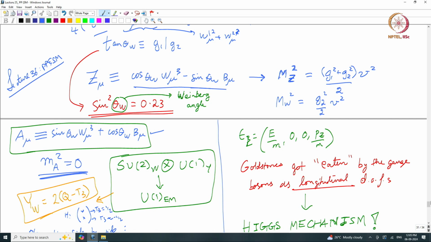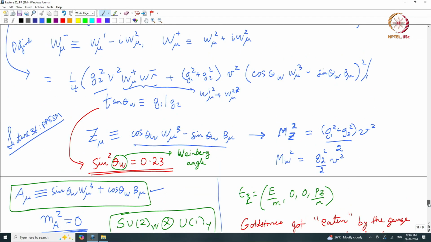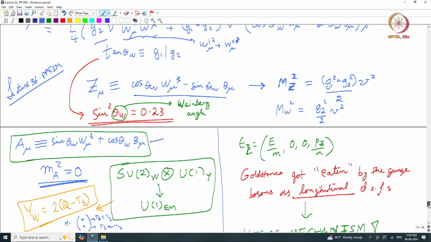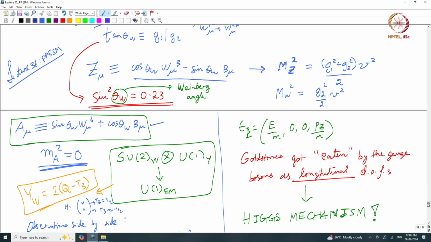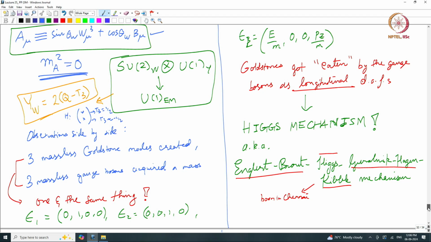One of the most important things that came out of this is the acquisition of masses for the gauge bosons, and we derived the masses of the gauge bosons: the Z mass, the W mass, and very importantly we also got the photon mass. We identified this particular combination of the W3 and the B mu as the photon and saw that it indeed got 0 mass, and we convinced ourselves that SU(2) cross U(1) did break down to electromagnetism.